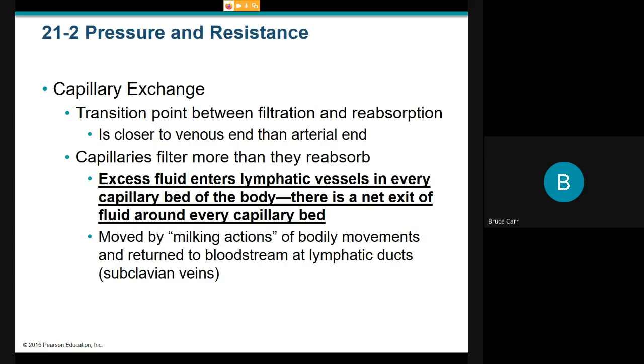And so there's a net loss of water from the bloodstream as we go through the capillary bed. That means that every capillary bed in your body, every single organ system, experiences a net loss of water around the capillary bed. This is where we are introduced to a new system that its first job is to address that water balance, and it's shown here on this slide.